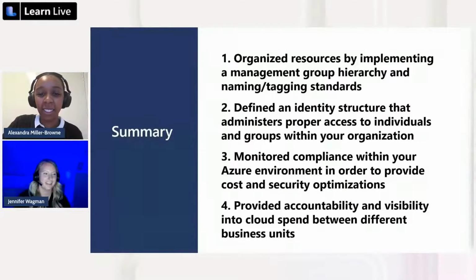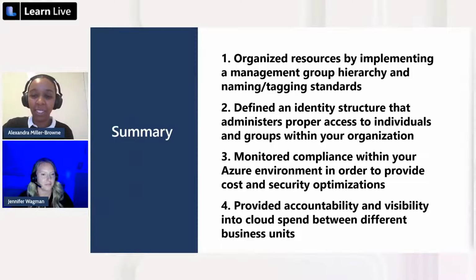Cool. Thanks. Okay, well, we'll just quickly summarize what we walked through today. The objectives that we approached earlier were just kind of summarizing what we'd covered, but we organized some resources by walking through how to implement a management group hierarchy, as well as develop your naming and tagging standards. We identified our identity structure and practiced how to apply role-based access control permissions, as well as creating custom roles.